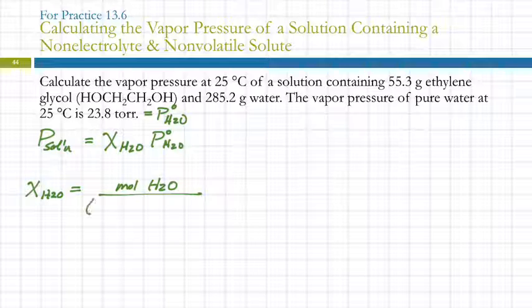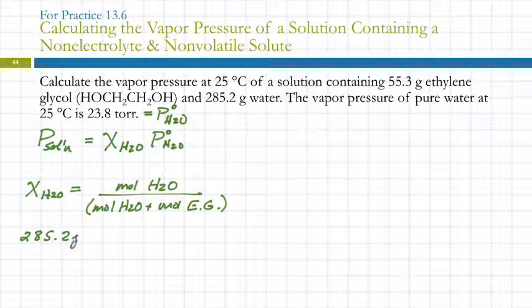So down here we want the whole thing, moles of water plus the moles of the solute. I'm going to call it EG, short for ethylene glycol. And they gave us masses, but we should be good at converting grams to moles by now.